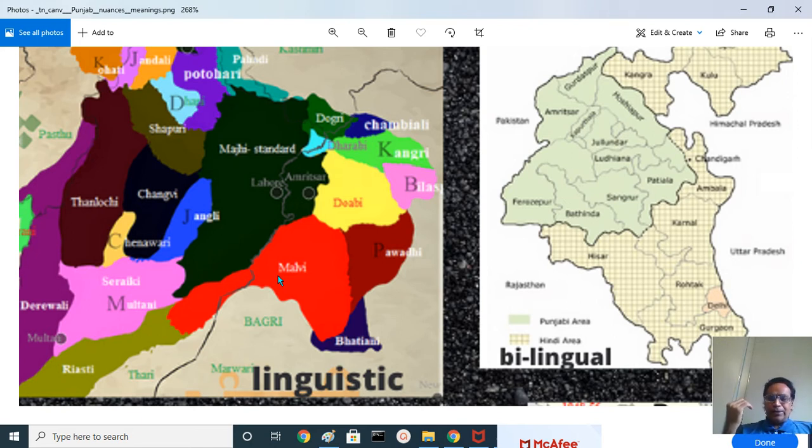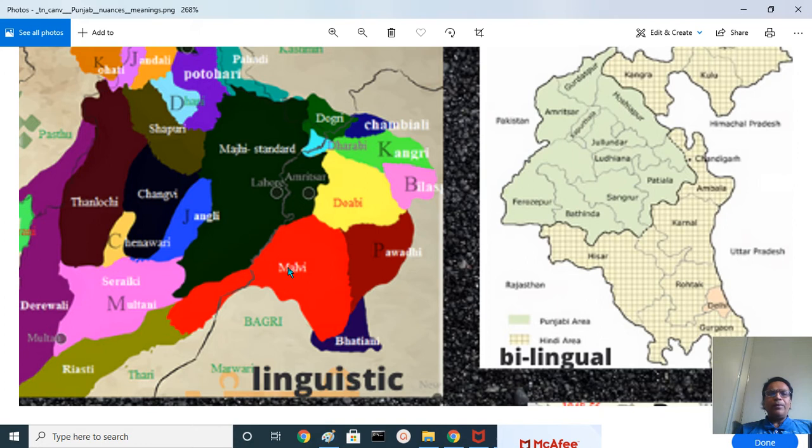There is one other Malwa region, a historic region centered around Indore city and Ujjain city, ruled for a long time by Holkar rulers of Maratha dynasties like Ahalyabai Holkar and so on. We are not talking about that. We are talking about Punjabi Malwa.